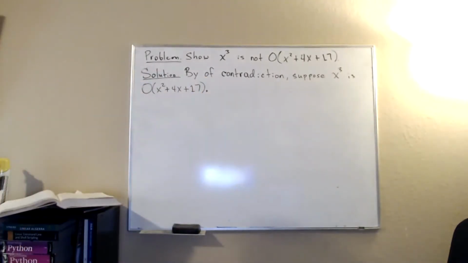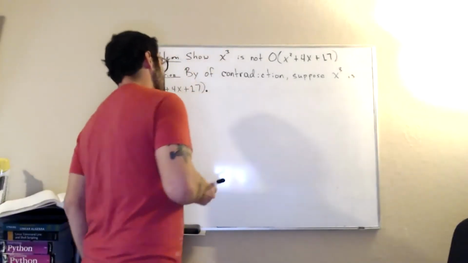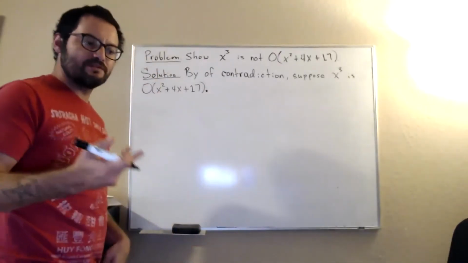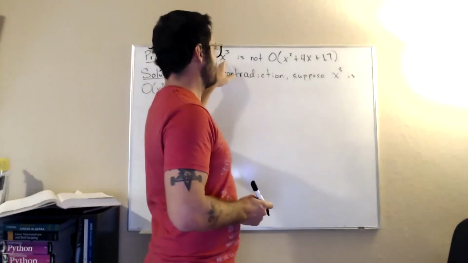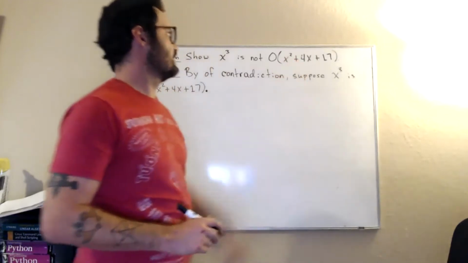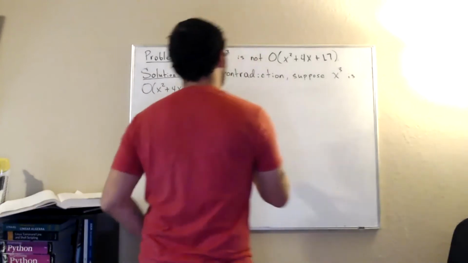Okay. So under this assumption, we have the witnesses C and K that bound x cubed in absolute value from above by a constant multiple of this polynomial.